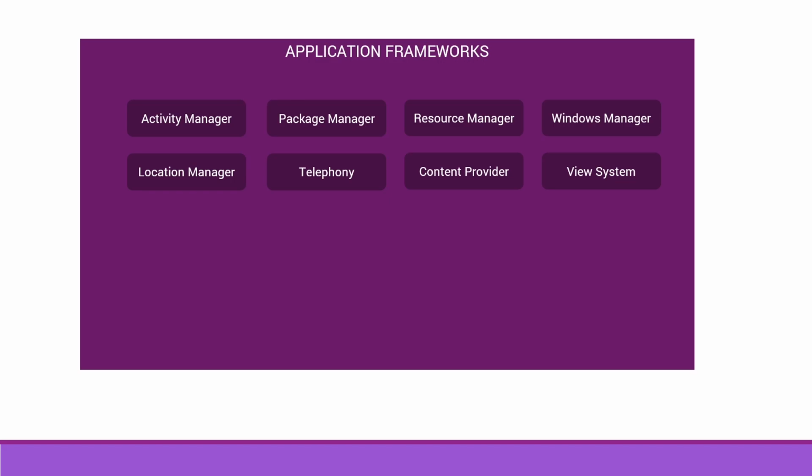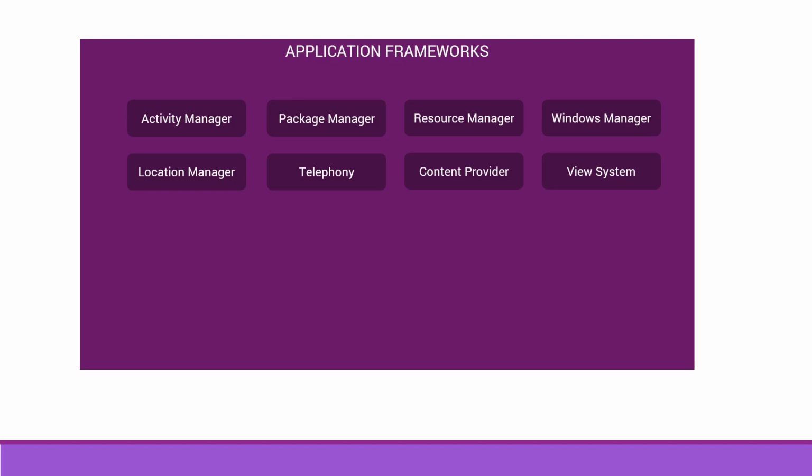The Android framework includes Android APIs, which provide various essential services to Android applications. It includes Activity Manager, Package Manager, Resource Manager, Windows Manager, Location Manager, Telephony, Content Provider, and View System. The Activity Manager manages the lifecycle of applications and user interfaces. The Content Provider allows data sharing between apps.